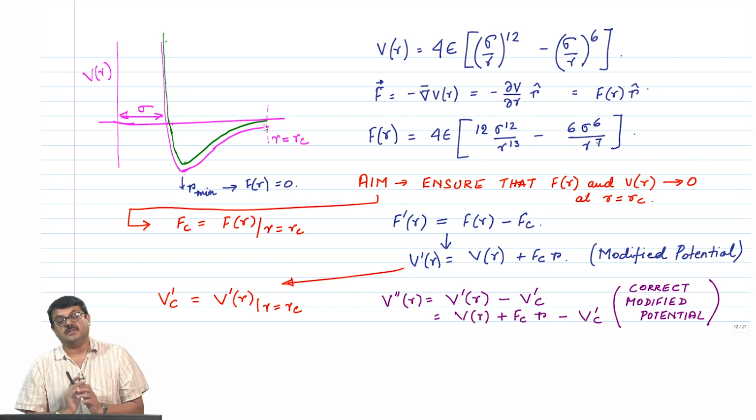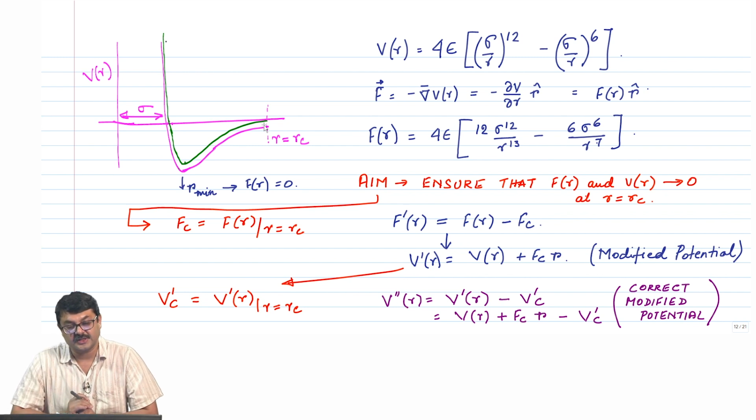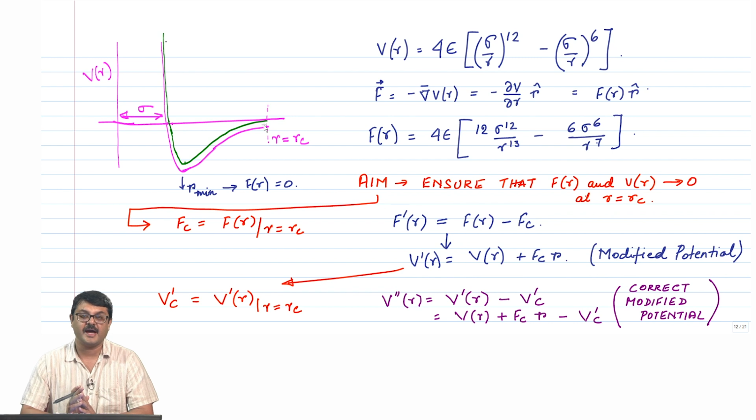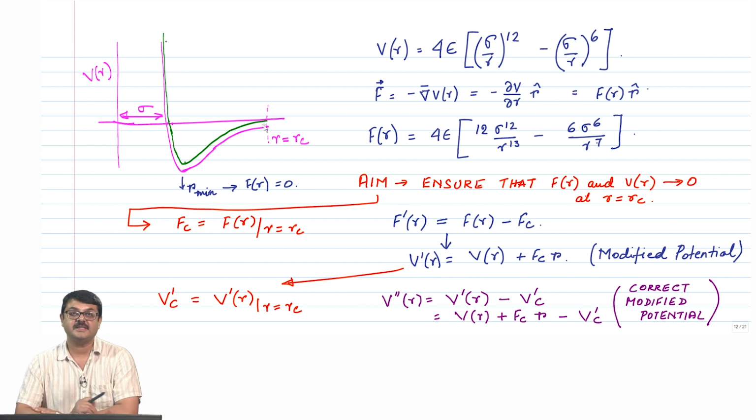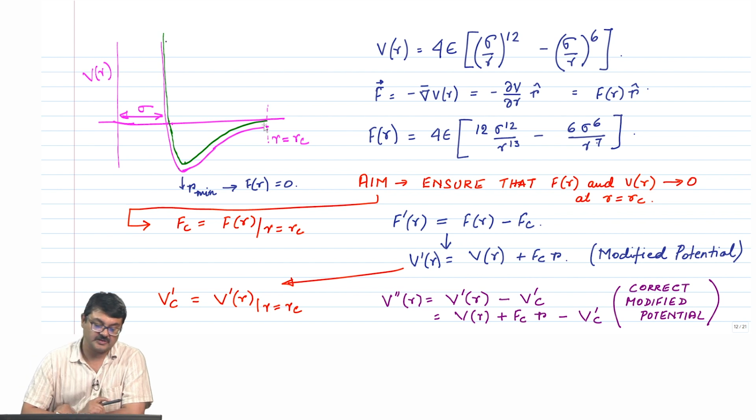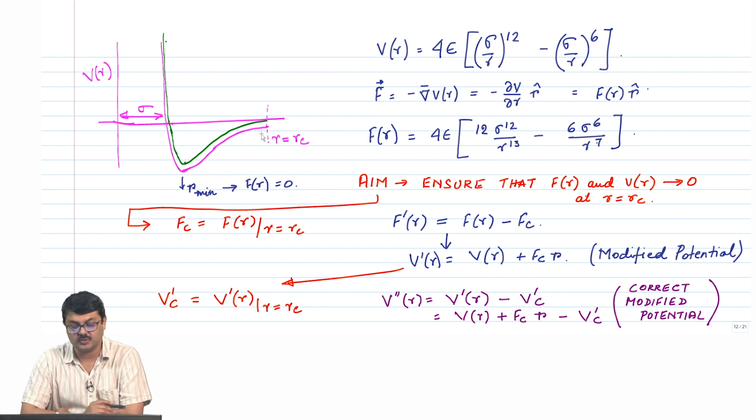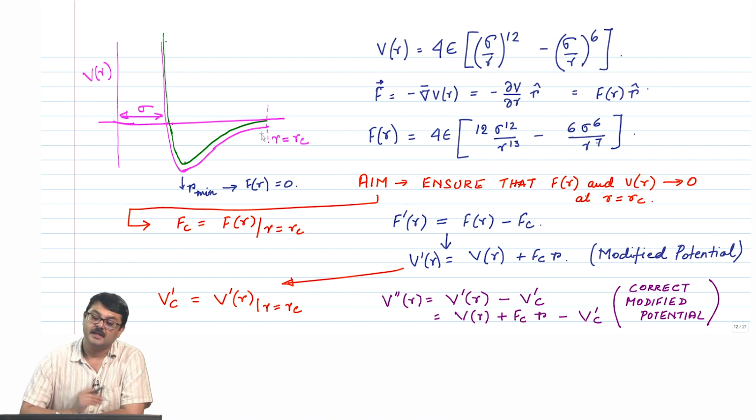The new topic that we are going to start with today is how to calculate the forces so that the modified force goes to 0 smoothly at r equal to r c, as well as the potential of interaction between two particles, r c being the distance where the potential is set to 0. Beyond that is the so-called cutoff distance, which you can choose to be 2.5 or 3 sigma.